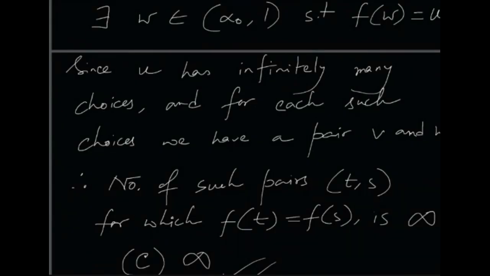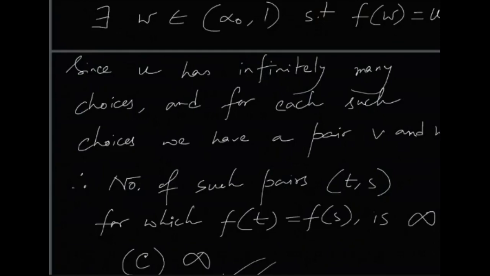I'm again repeating. Since I've assumed that k and c are distinct, they have uncountably many real numbers in between them. If I take any real number u between them, I'll always get at least two numbers v and w such that f of v is u and f of w is also u.